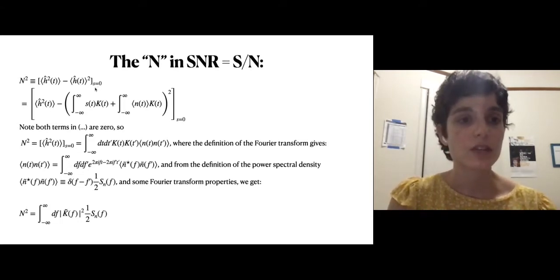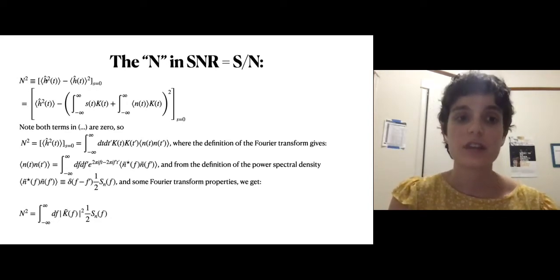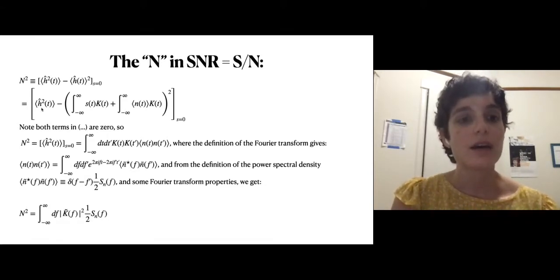S here is the signal. This is just the definition of N squared, and here we can write this out, but now we're writing h(t) in terms of, again, s(t) plus n(t).